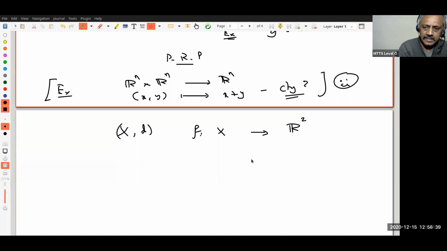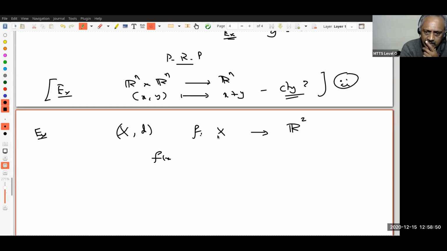Okay, this is the next example. Suppose f is from a metric space, and instead of x, let me call it T. T is a metric space. I want to write (x, y) for R2.